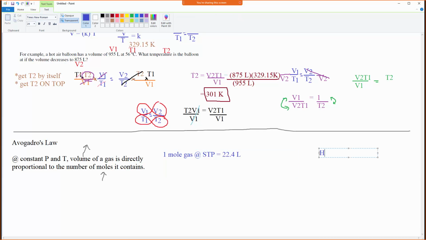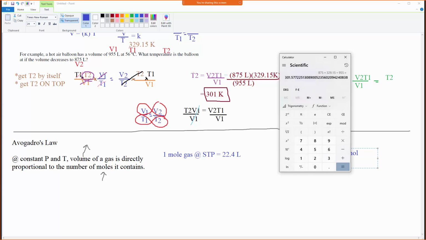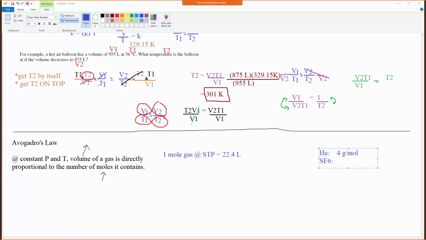So you could compare helium, for instance, which has tiny particles with an average mass of 4 grams in a mole, and you compare that to sulfur hexafluoride, which has a mass of, I'm going to look it up. I was going to estimate it. But I'm here, it's easy. 146 grams per mole.